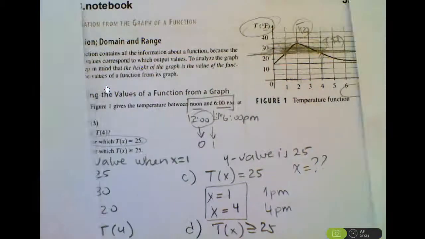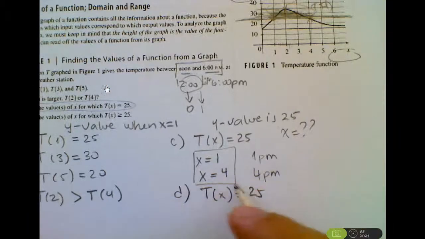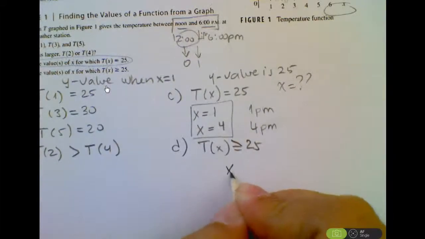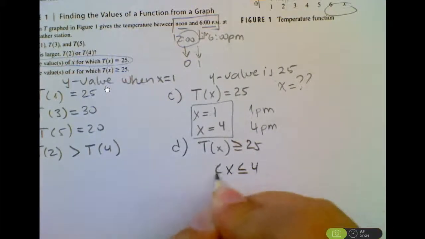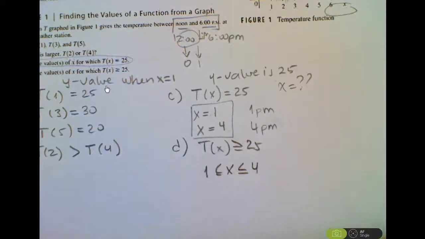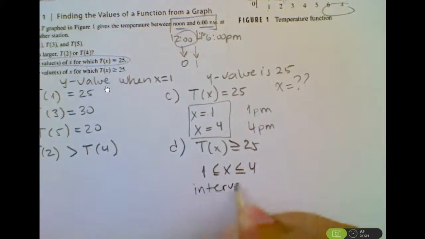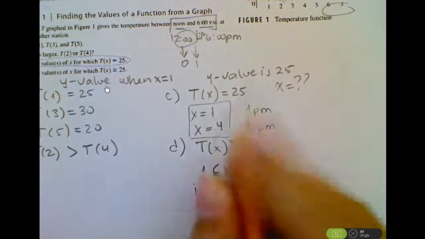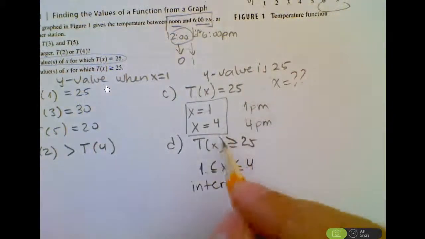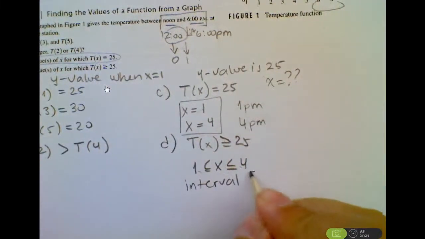So I can say that not only 1 and 4, but every x between 1 and 4 fits that criteria. So what I'm given is an interval, all the values, because not only 2 values of x, but infinitely many, all the numbers between 1 and 4 actually fit that criteria.